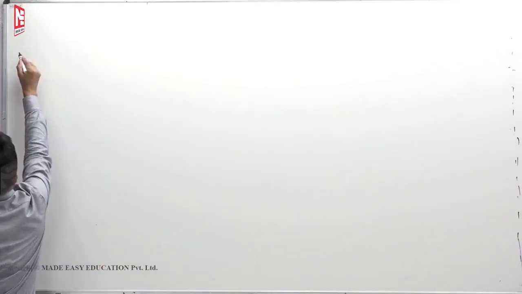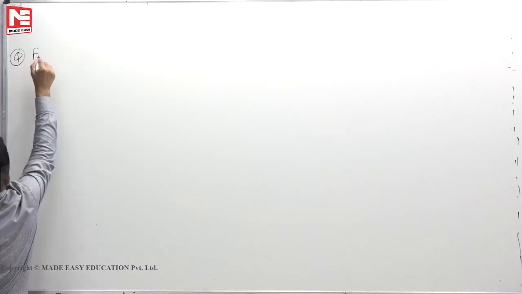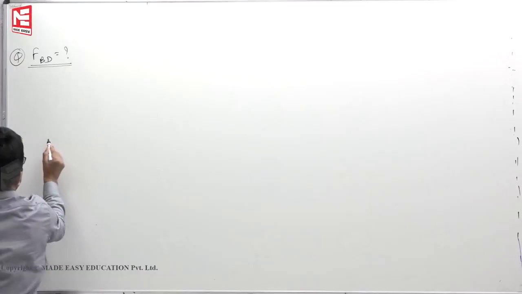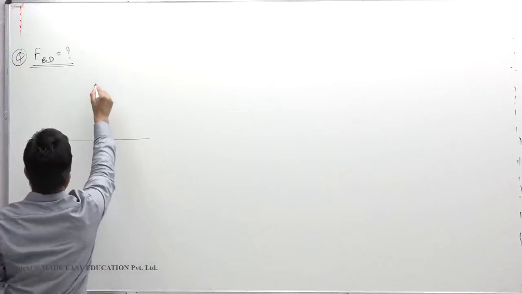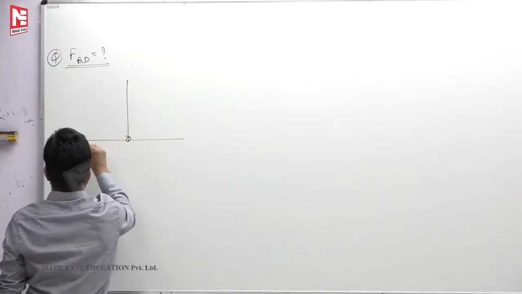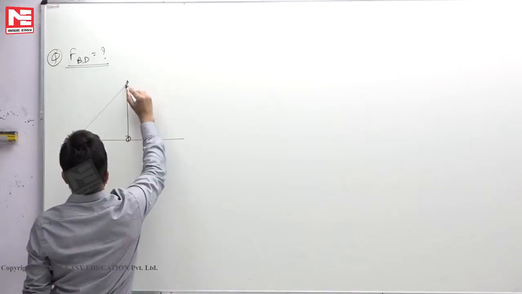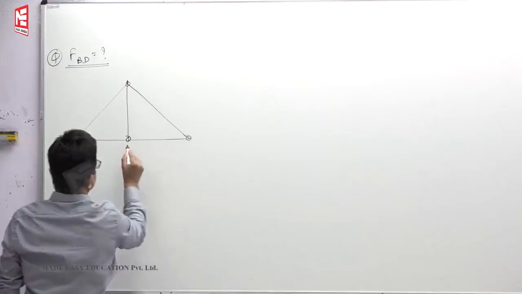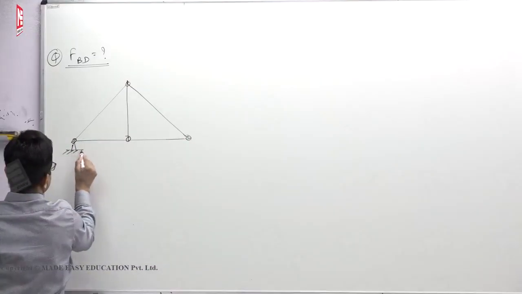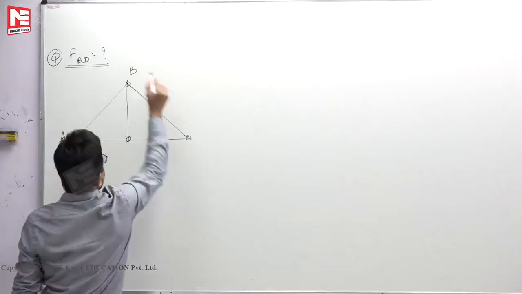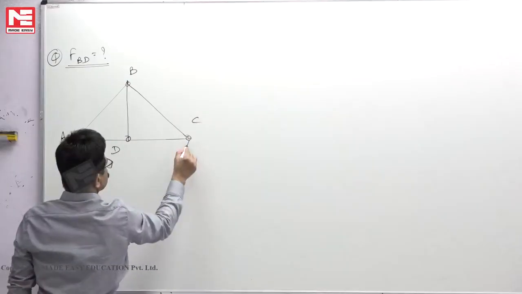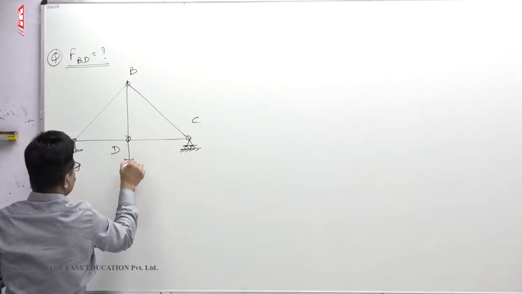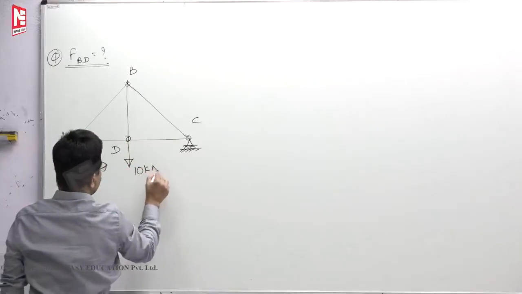Now let us see the numerical: force in the member BD. We have a truss. This point, let us say A, B, C and D. Assume that you have applied a load of say 10 kilonewton.